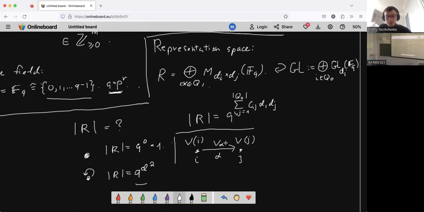So here V_alpha denotes the linear map between V_i and V_j, and GL acts on V_alpha just by conjugation.